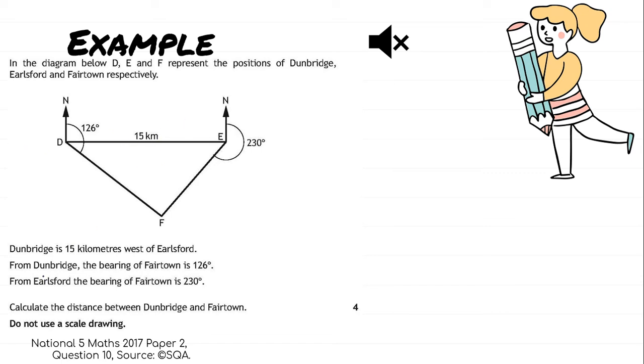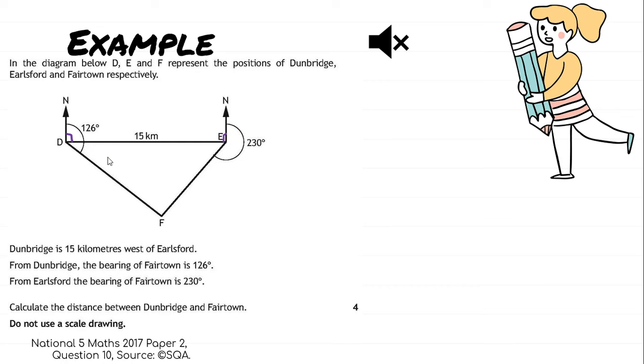We've got that it's 15 kilometers west of Aylesford. So this tells us that this is a perfect 90-degree angle here. This being west tells us that there's a 90-degree angle. Stop for a second.